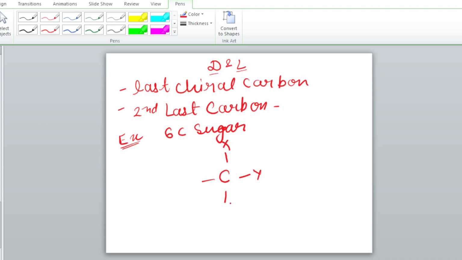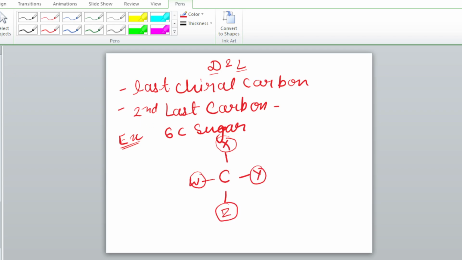W, X, Y, Z. The groups attached to the carbon are totally different from each other. That is known as a chiral carbon.